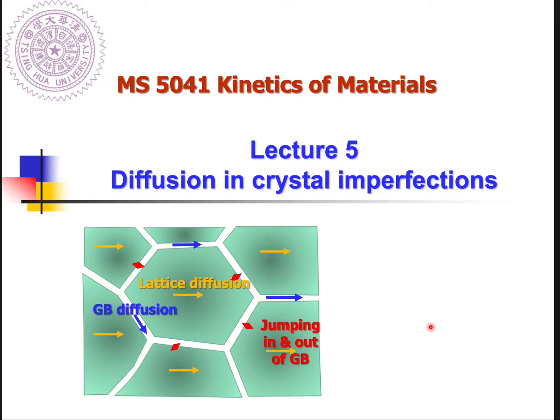Let's move to lecture 5, Diffusion in Crystal Imperfections. In the previous lecture, lecture 4, we put more effort into how to obtain the diffusivity in crystal grains. The result we got is that the diffusivity equals the atomic jump rate times the mean square jump distance divided by 6, times the correlation factor f.